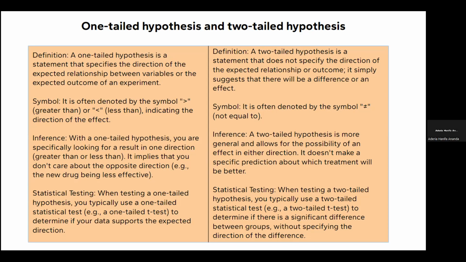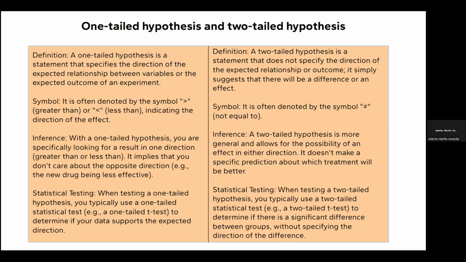In inference, a two-tailed hypothesis is more general and allows for the possibility of an effect in either direction. So it doesn't make a specific prediction about which treatment will be better. From the statistical testing side, a one-tailed hypothesis typically uses a one-tailed statistical test, for example a one-tailed t-test to determine if the data supports the expected direction.